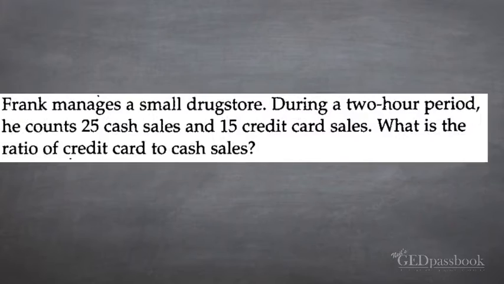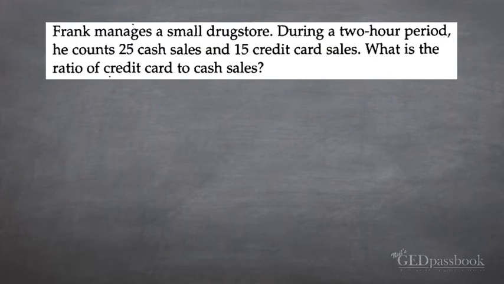Here's another example of a ratio problem. Remember, a ratio compares two numbers. So, Frank manages a small drugstore. During a 2-hour period, he counts 25 cash sales and 15 credit card sales.